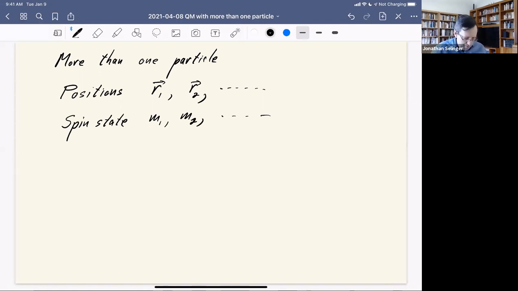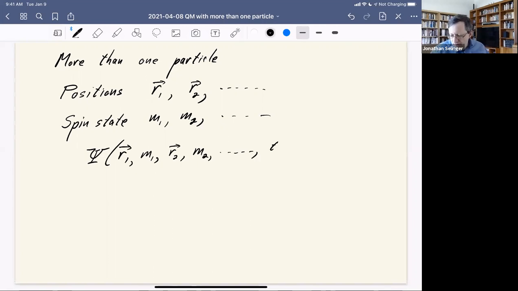So that means that in general, you'll have a wave function that depends on all of these variables. That means a wave function, psi, which is a function of the coordinates of particle 1, so that's R1 and the spin state M1. And then it will be a function of R2 and the spin state for number 2, etc., however many there are.